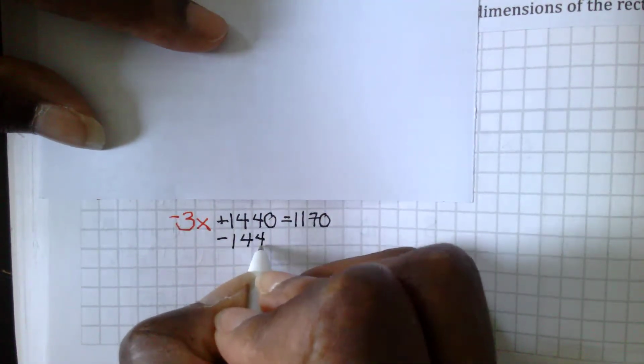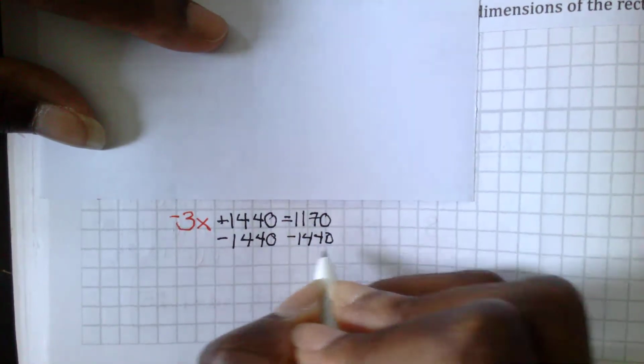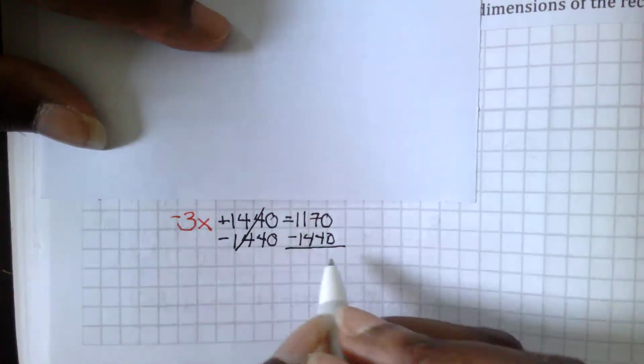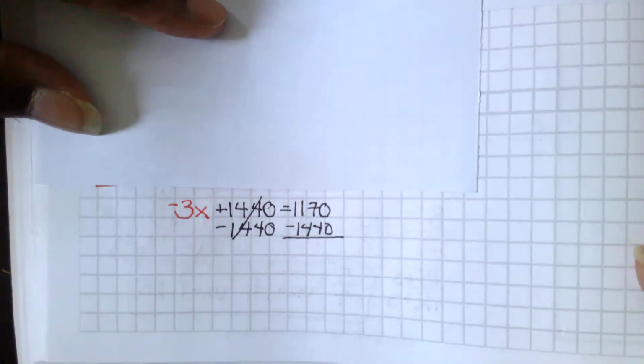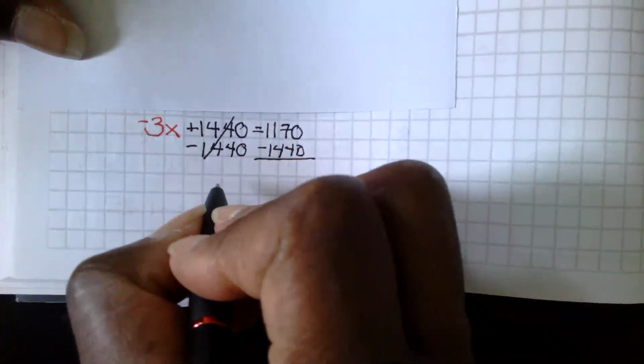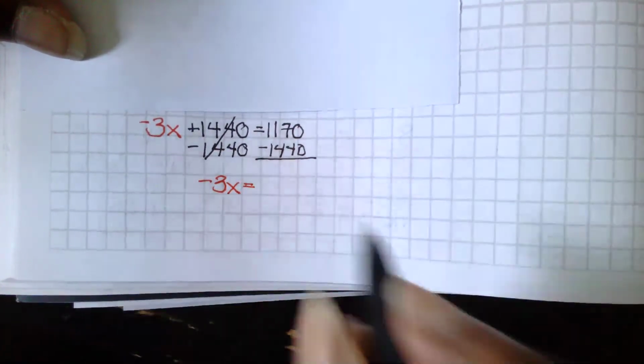So we're trying to get x by itself. So what do we do? We're going to subtract the 1,440 on both sides. Now, since 1,440 is larger than 1,170, that means I'm going to have a negative answer over here, which is going to make sense. Because if I bring down my negative 3x, I know that this is going to be a negative.